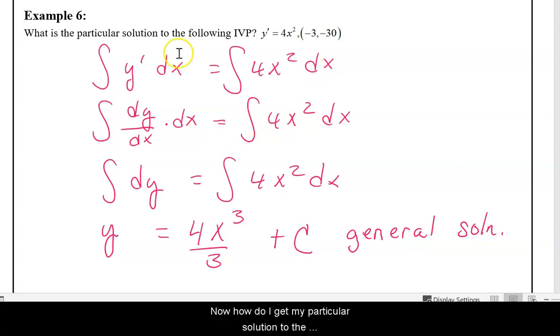Now, how do I get my particular solution to the situation I have where it must go through -3, -30? If I look at this general solution and the original problem, there are really no restrictions on the domain x. So it could be that this one would be defined over the entire real numbers.